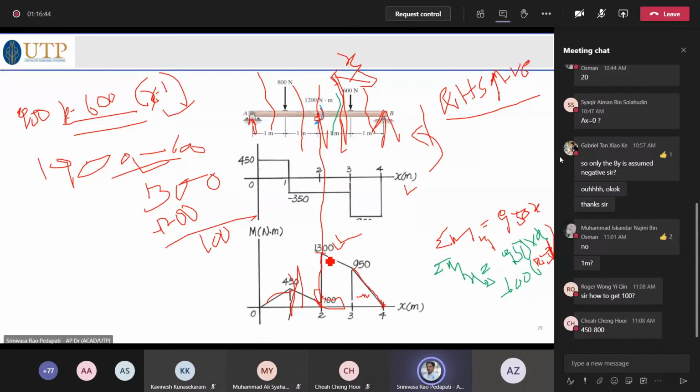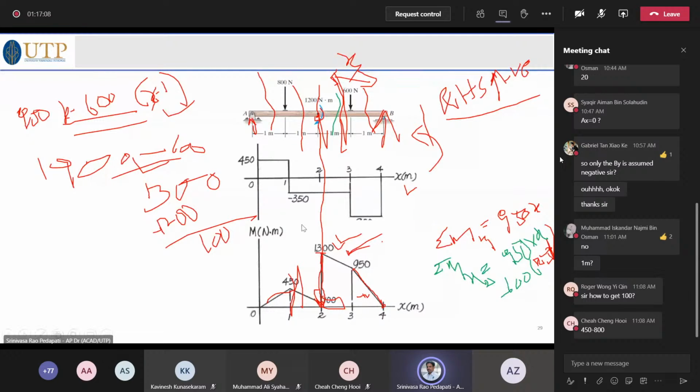Why? When you consider the right side, it is 1300, but at the point there is a moment acting at 1200 in the opposite direction. So 1300 minus 1200 gives you the net, that is how we get 100.